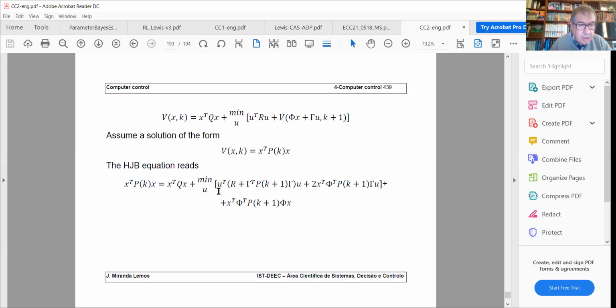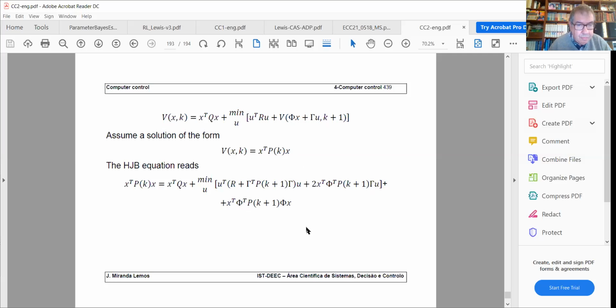And then we have this term here, u transposed R u. Actually, I did some simplifications. And v of phi x plus gamma u, I put it here and simplified things; I was lazy when I wrote this slide, so I wrote already a simplification.